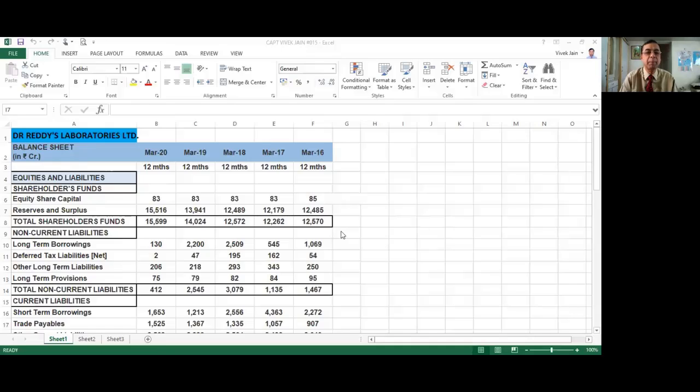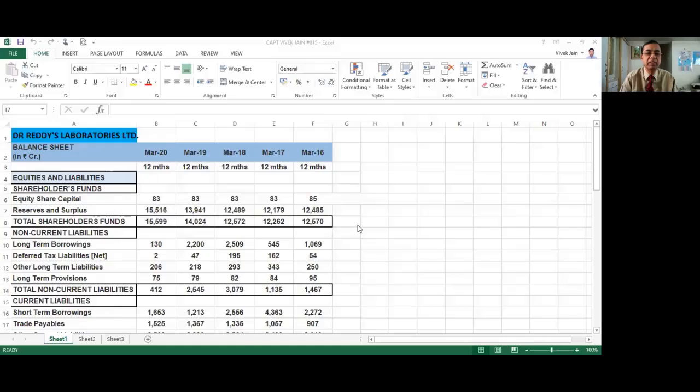So these 5 columns that you see are the relevant figures for the period ending 31st March of each financial year. You can see that the equity share capital of Dr. Reddys Laboratories is 83 crores, which has been all along, more or less, the same between March 16 and March 20. Reserves and surplus, which are accumulated profits which have been plowed back over so many years, is a substantial figure.